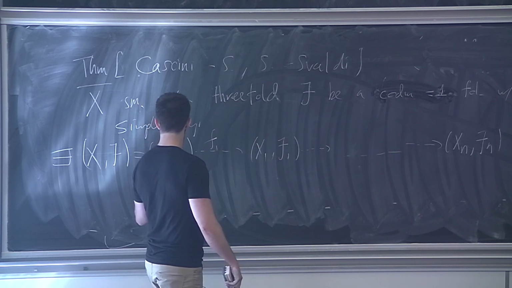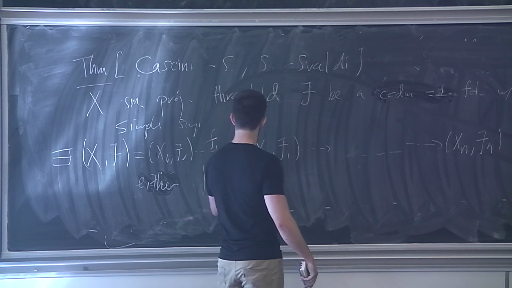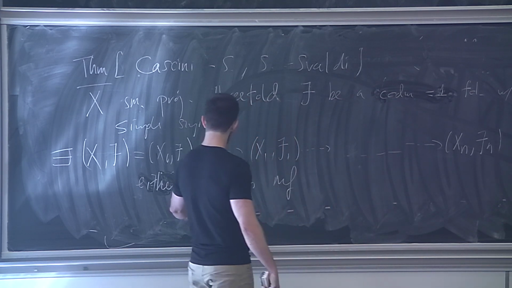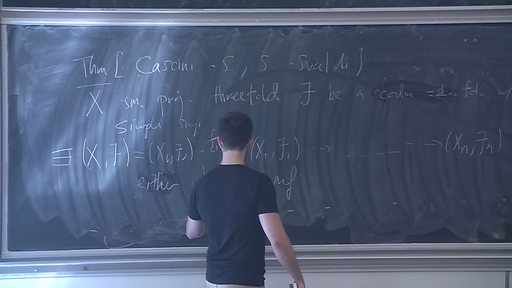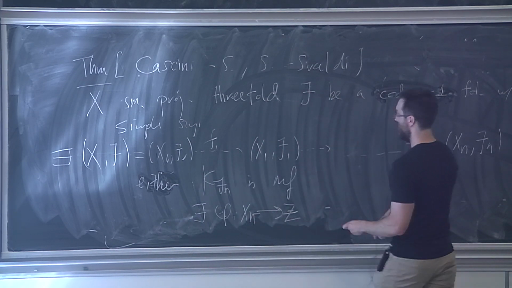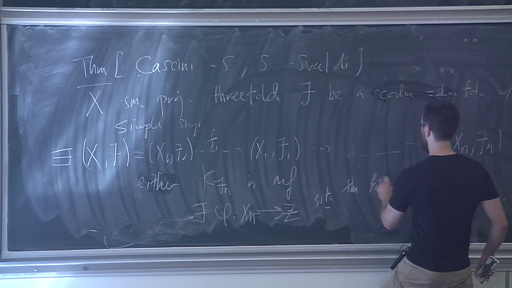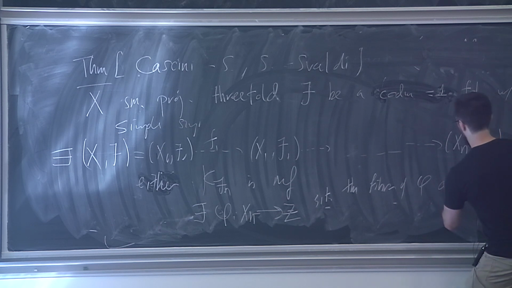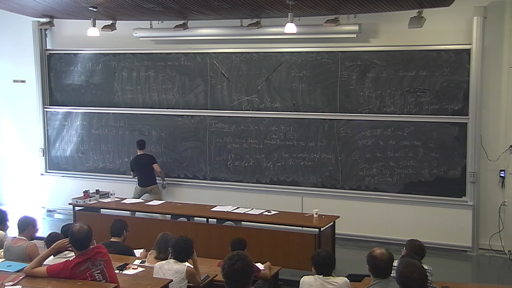Either K_{F_n} is nef, or there exists a map, call it phi, from X_n down to some space Z, such that the fibers of phi are tangent to F_n and are K_{F_n} negative.